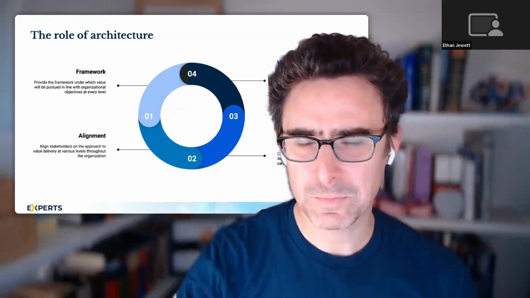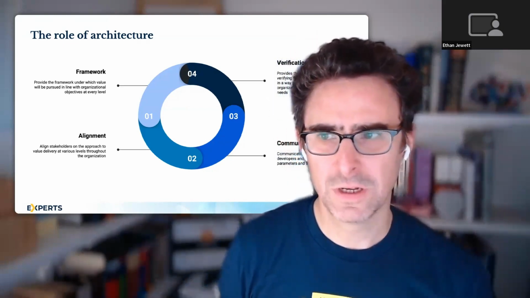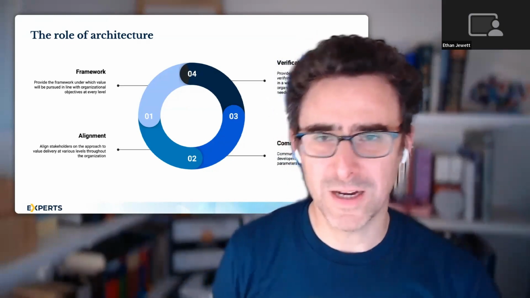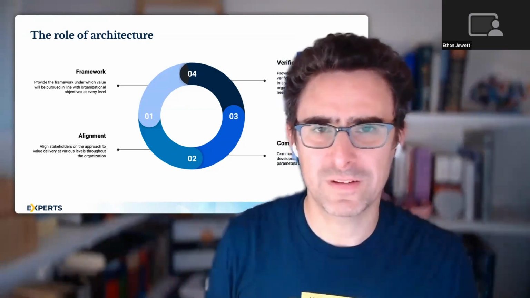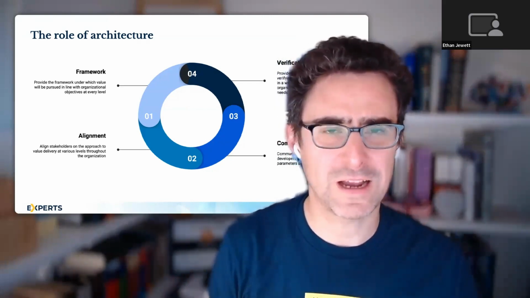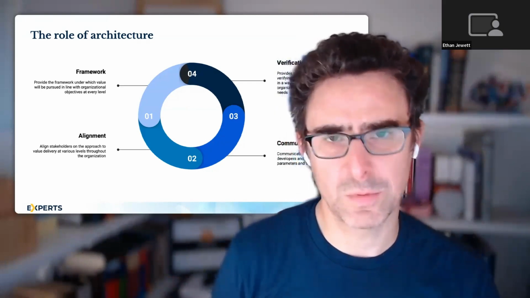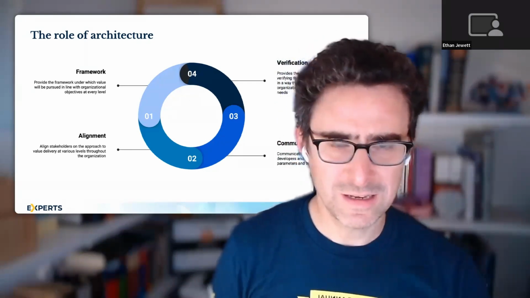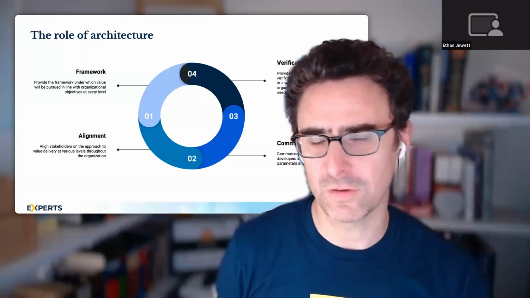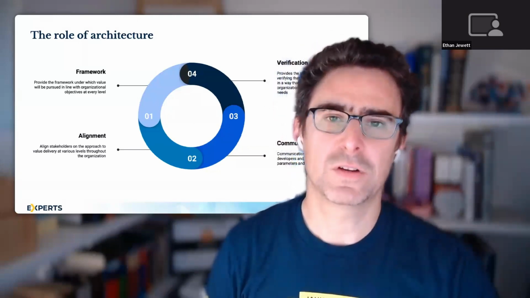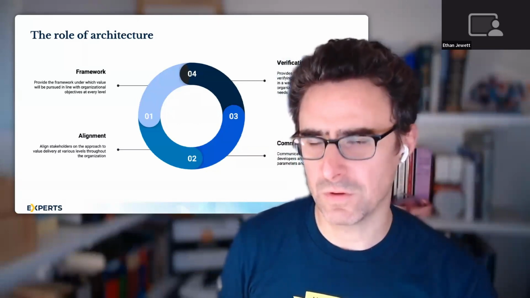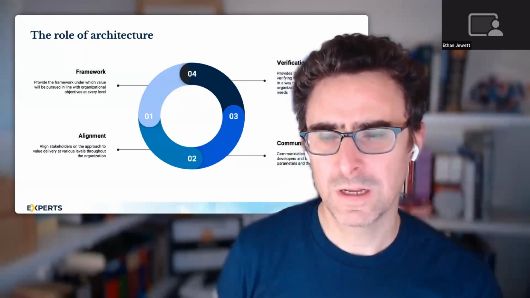And then lastly, verification. Once something's actually built and done, a lot of the time stakeholders will have a question: well, how do I know this is actually working? How do I know this is actually built in the way that it's supposed to be? Again, the architecture can serve as a way to come back and say, this is my understanding based on the architecture of how this was supposed to be built and how it's supposed to work.